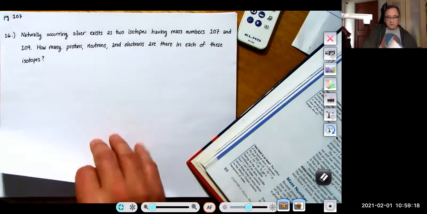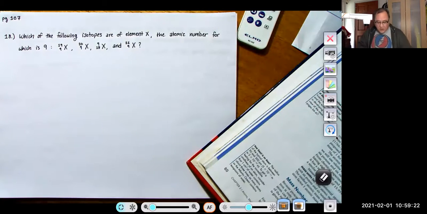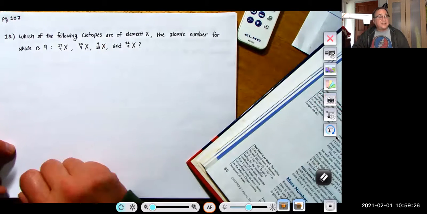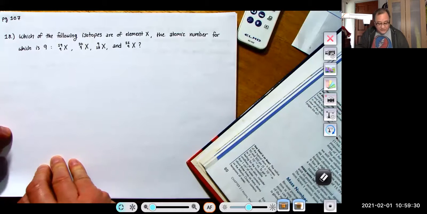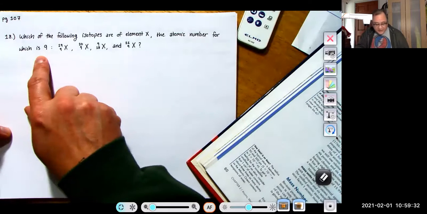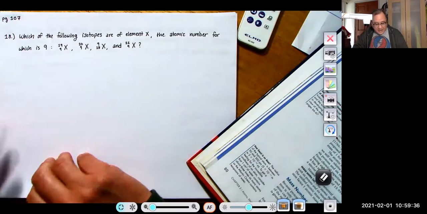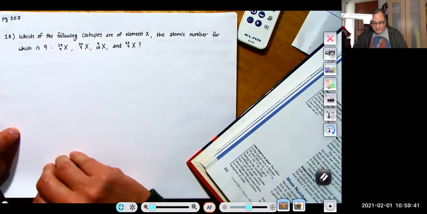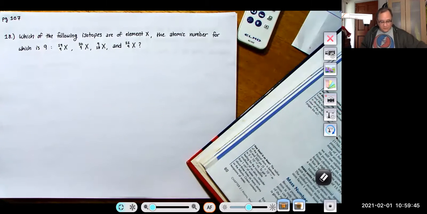Okay, so we're moving along. Which of the following is an isotope of element X, the atomic number for which is 9? So for this one, very straightforward.